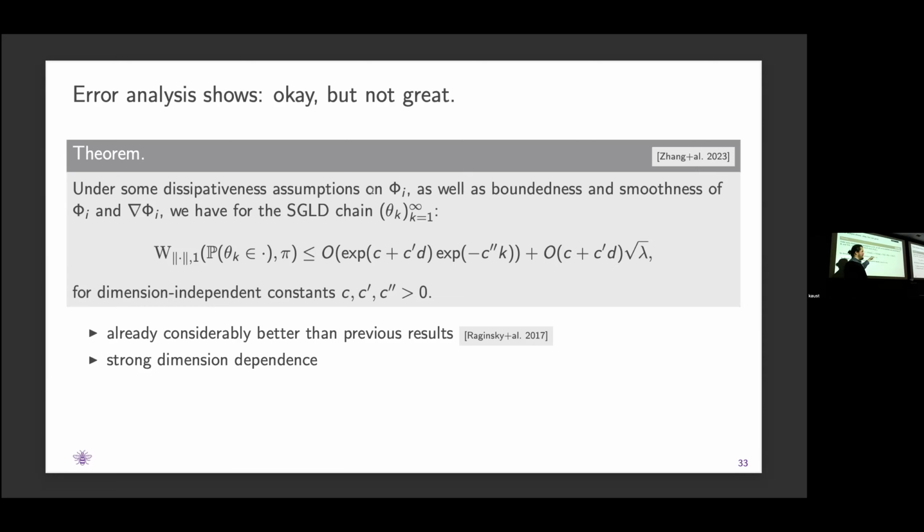Here we just see, if the dimension goes up, then it may converge very slowly, or in infinite dimensions won't work at all. And the bias is linear in the dimension. This is much better than the result I had previously, but there's still a very strong dimension dependence. Let's see whether we can get rid of that in a continuous time setting.